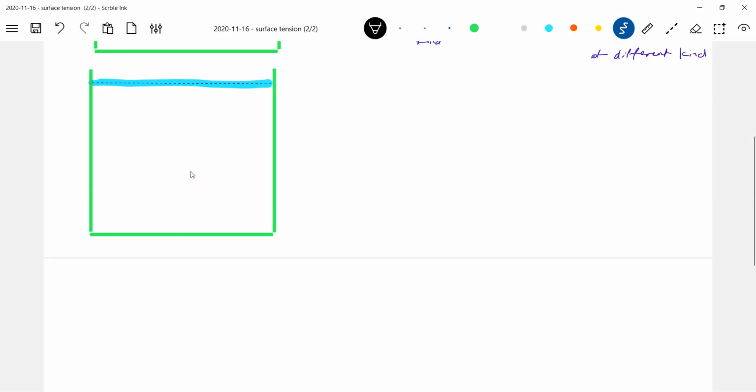So we have molecules here. There should be plenty to make things understood. I'm taking them like this.